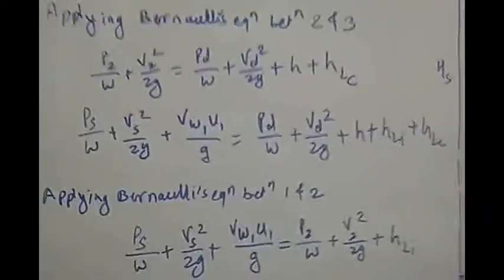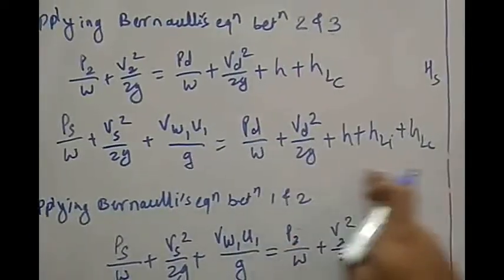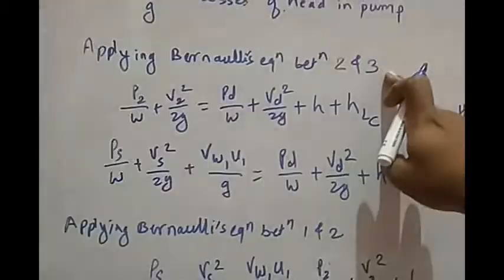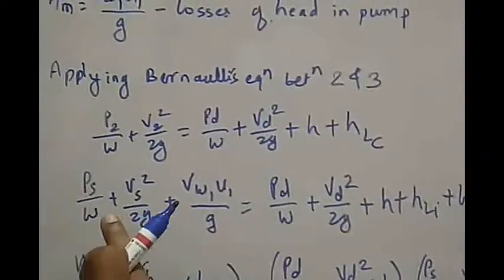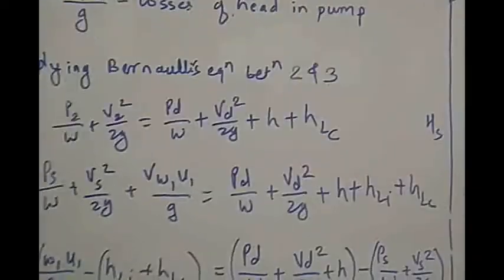So this is the equation I'll get after adding the Bernoulli equations between points 1 and 2 and points 2 and 3. Here I'll just be rearranging the terms.